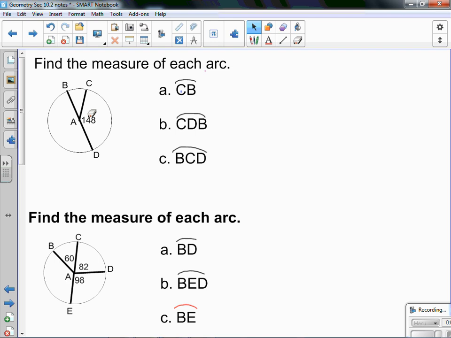If the central angle is 148 degrees, remember we learned that the arc will have the same measure as the central angle. So that means, get my pen to work.